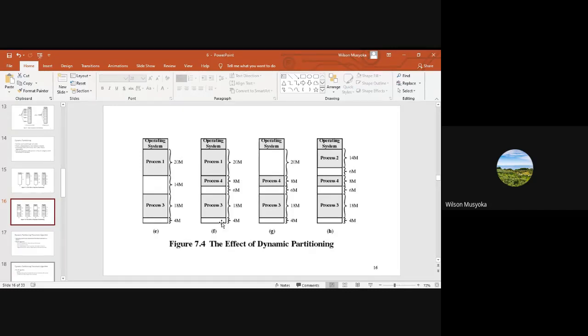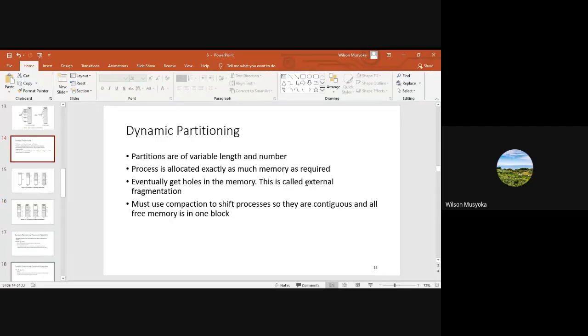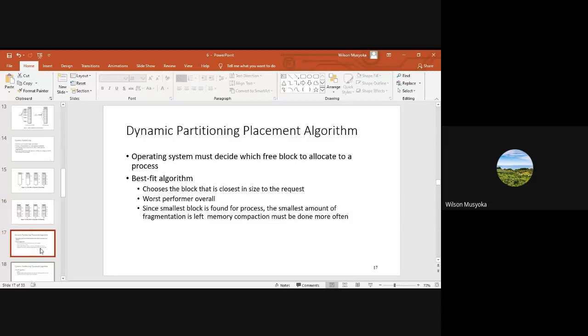Before we go to the 4 megabytes which was left initially, we have to fill in this gap. So process 4 will take 8 megabytes here, and there is still 6 left. If process 5 comes in, it will have to be allocated here so that we deal with this problem of external fragmentation. And that is how it works.